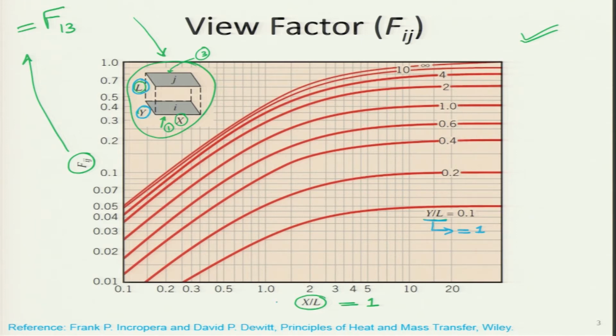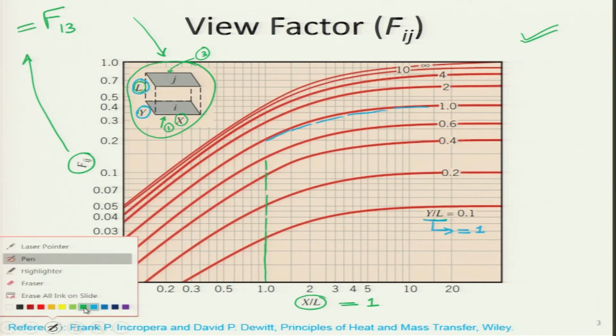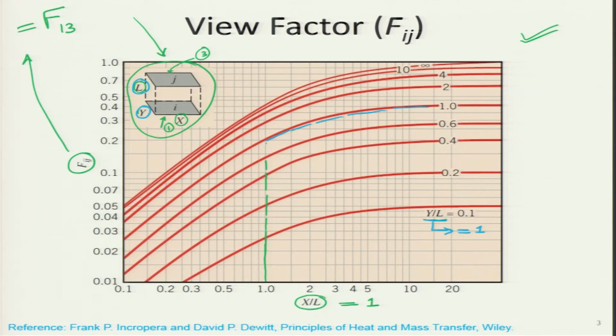Which means what I want to do now is move along two lines. One line will be x by L equals 0, which I will show in green color here. So, I am moving in this direction, x by L equals 0, up to the point where y by L is also 0. I am moving along these directions just like in our atlas the longitude and latitude, wherever they collide, that is the location.